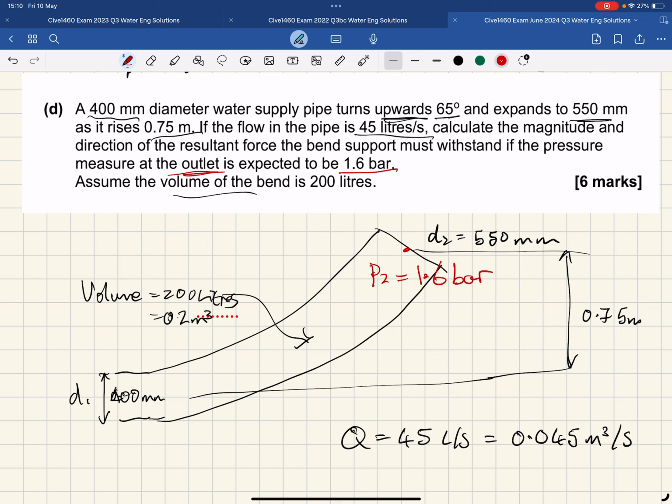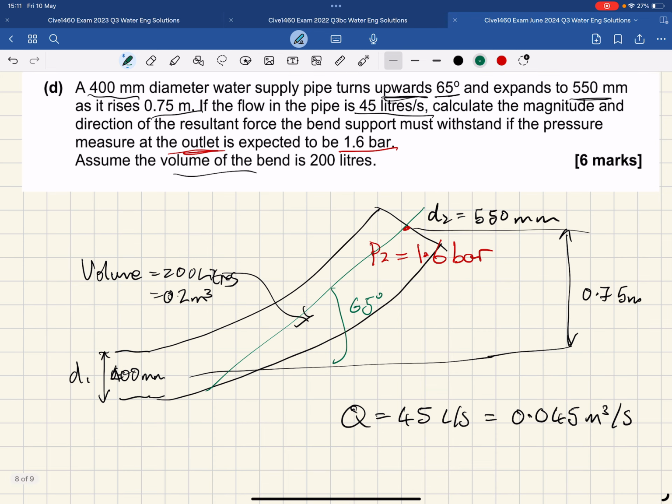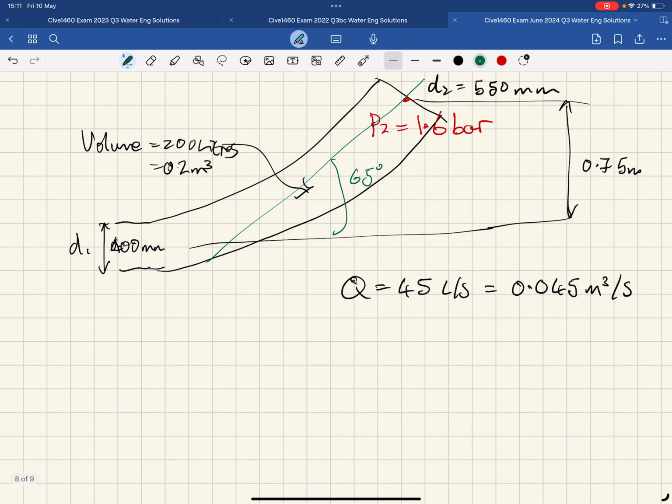Other information? No, I think we've got that all. Okay, I could actually sketch on the diagram that we've turned through an angle of 65 degrees.